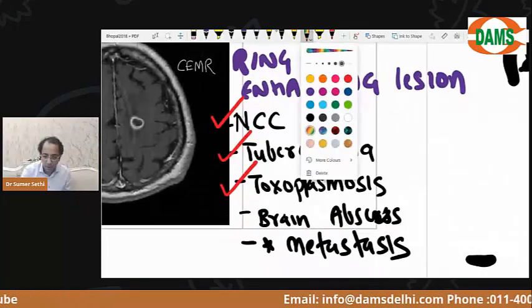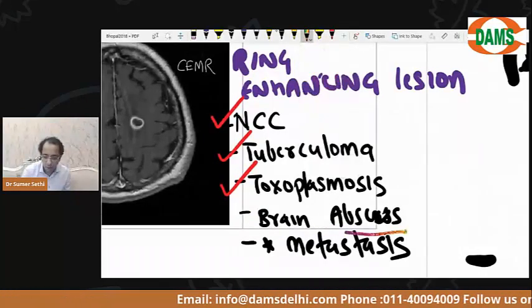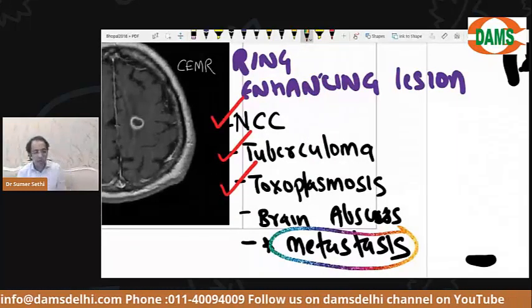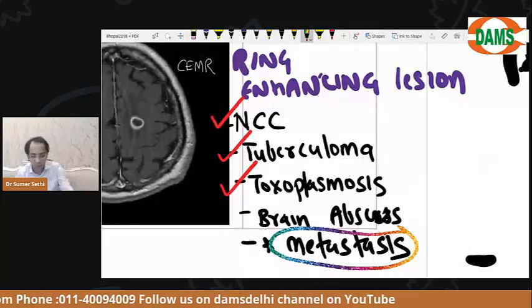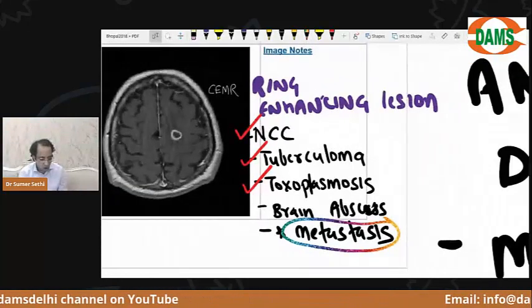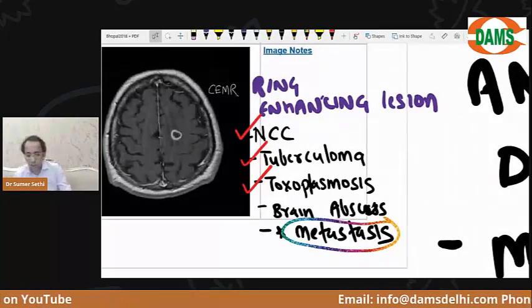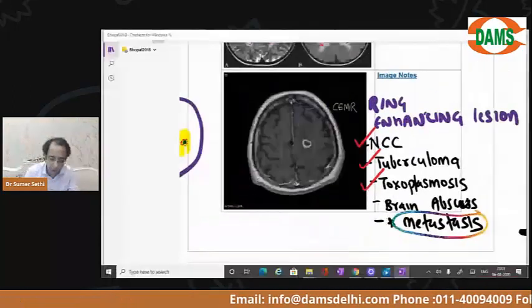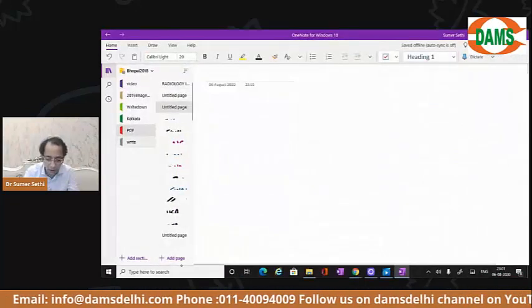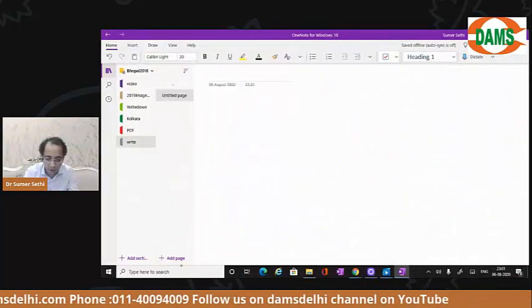Everybody understands? Clear? It would be written in the question that we are looking at a contrast enhanced MRI. Now my question is this. Let's look at them one by one.